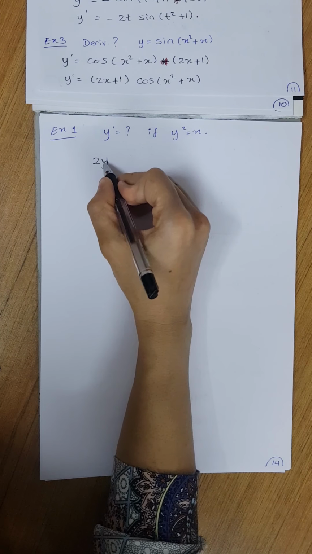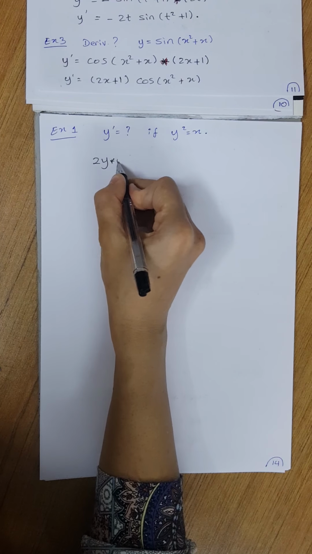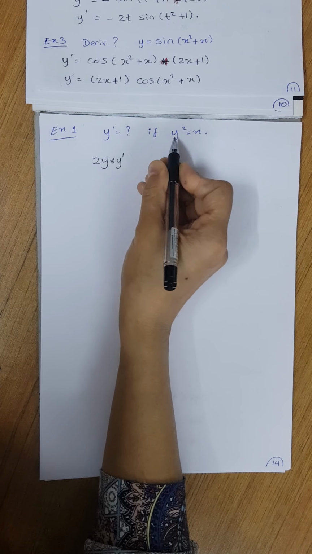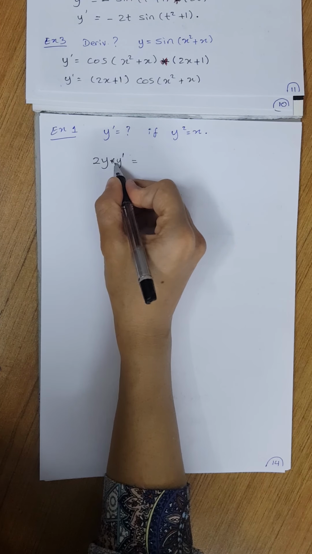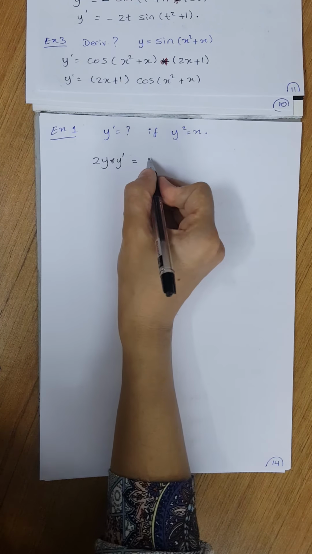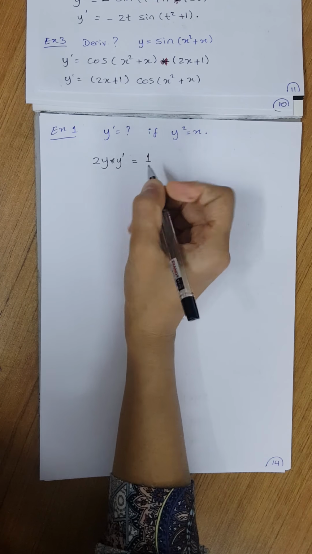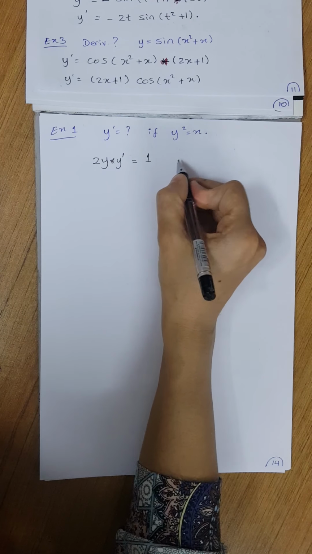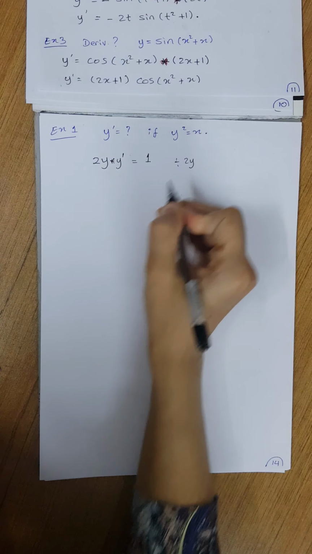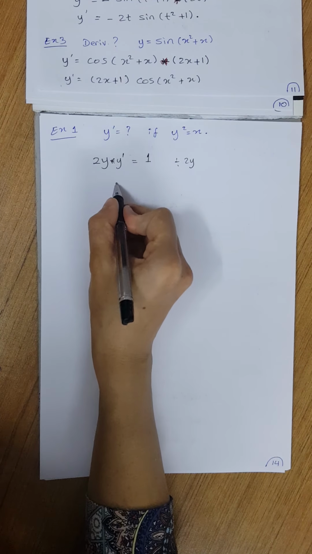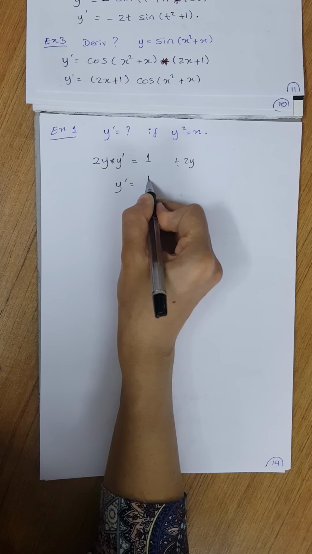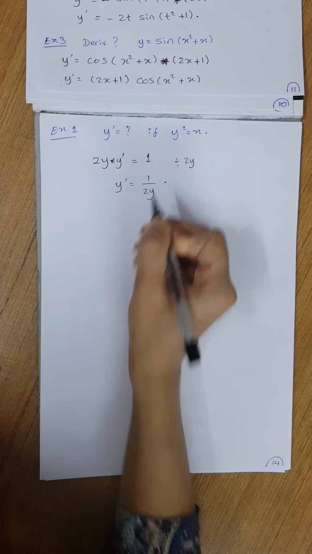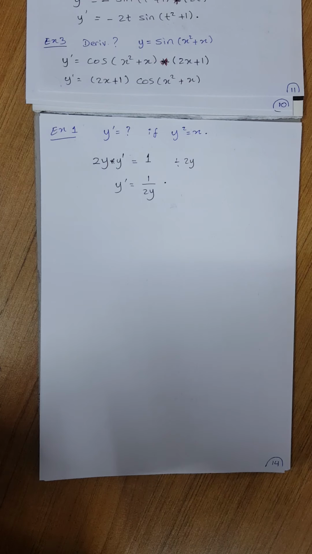Derivative of y squared is equal to 2y multiplied by y prime. We said when we are taking the derivative of this one, we are also multiplying it by y prime. What's the derivative of x? That's equal to 1. It's required from us to find y prime, so we are leaving y prime alone, dividing both sides by 2y. 2y goes with 2y, so y prime is equal to 1 over 2y, and that is implicit differentiation.